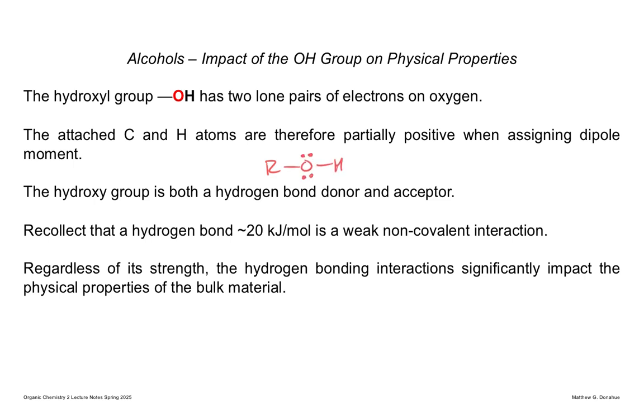So the bonding pattern for oxygen is 2 sigma bonds, 2 lone pairs. So from that, we can assign the dipole where oxygen is delta minus and hydrogen's delta plus. That will have implications on acidity. So remember that an OH bond is a lot more acidic than a CH bond.